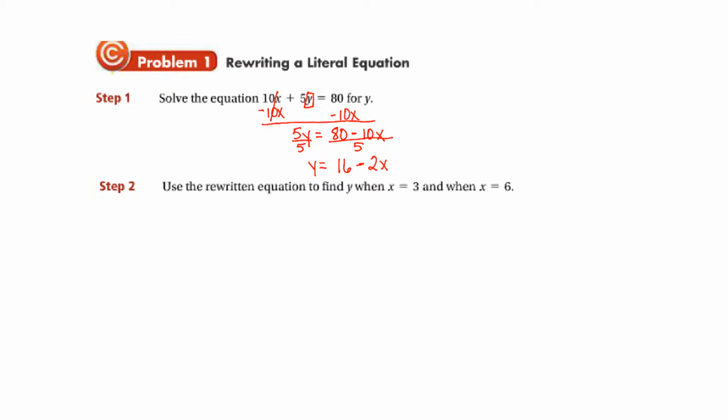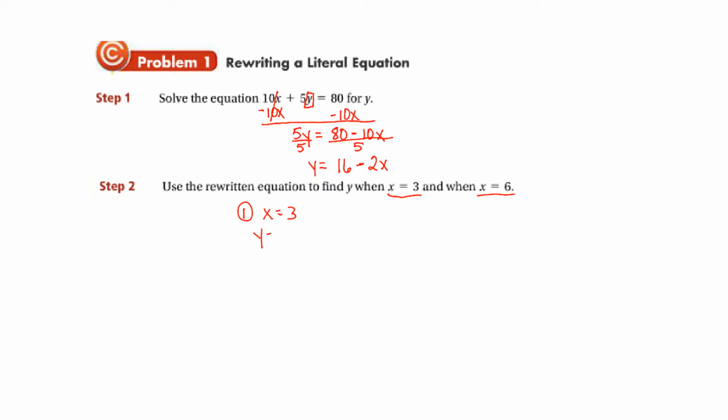So now that I have it solved for y, I can go through step 2 and use that equation to find the value when x is 3 and when x equals 6. So for our first instance, we're going to have x equals 3.